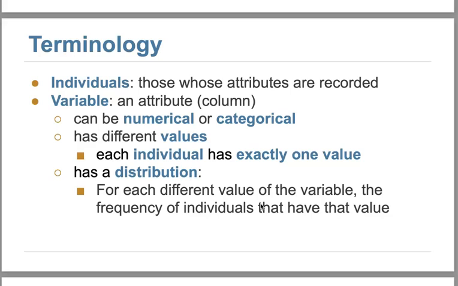Or in the NBA table, we have different players and their positions. So the frequency of individuals that have each value is the distribution we want to see. And from that distribution, we can also see how the data is located and what it looks like.